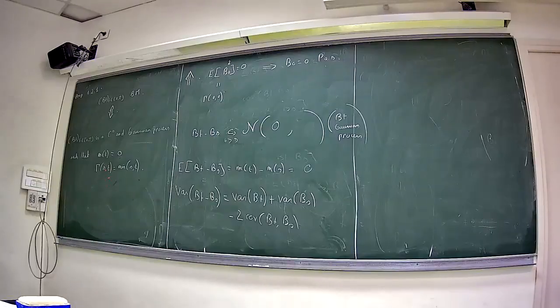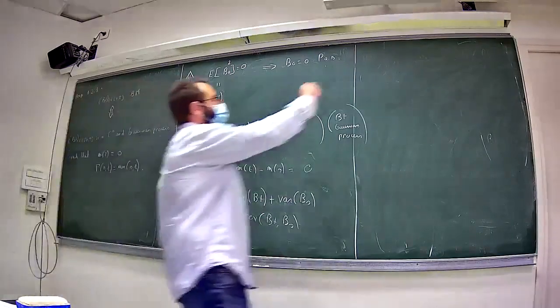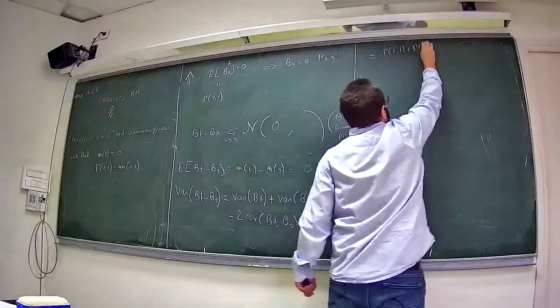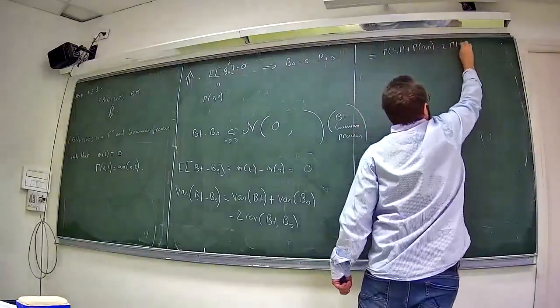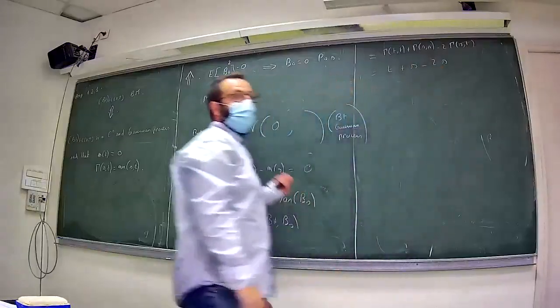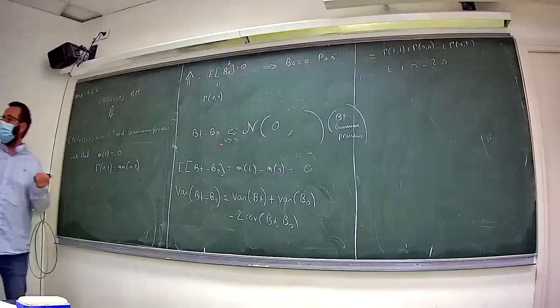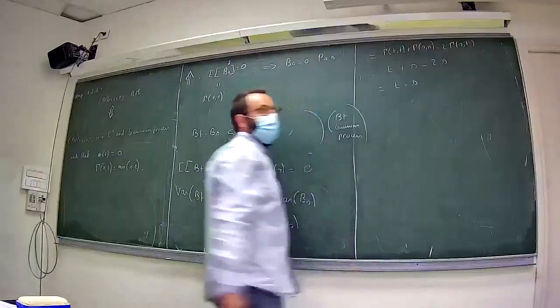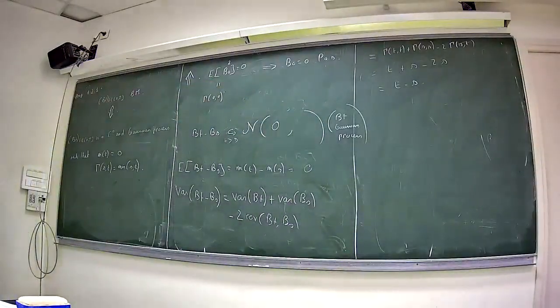I obtain it from this one: gamma Tt, that is T. The variance of Bs is S. So I have T plus S minus 2S, because I have supposed that T is strictly greater than S, and so the minimum between T and S is small s. So this is equal to T minus S.